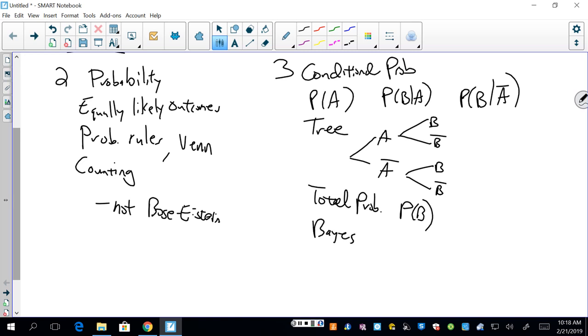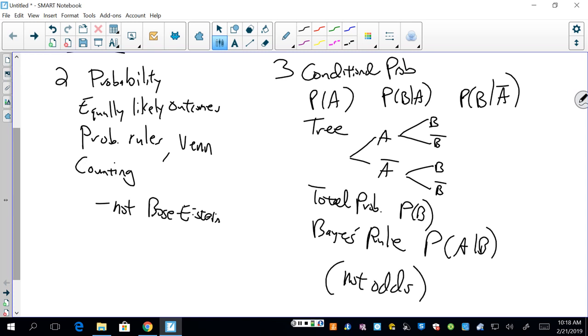Then Bayes rule, for calculating, given that you're at one of these endpoints, what's the chance that you started in either the A or A complement group, so that inverse one. We also talked a little about odds ratios and things like that. I don't plan to put that on there. It's a good topic, and it's useful in many applications, but we have enough otherwise to look at.